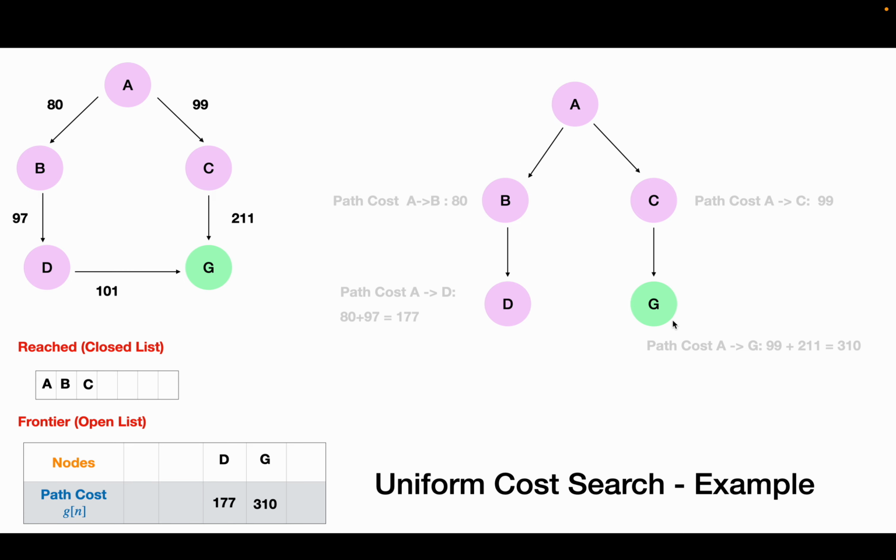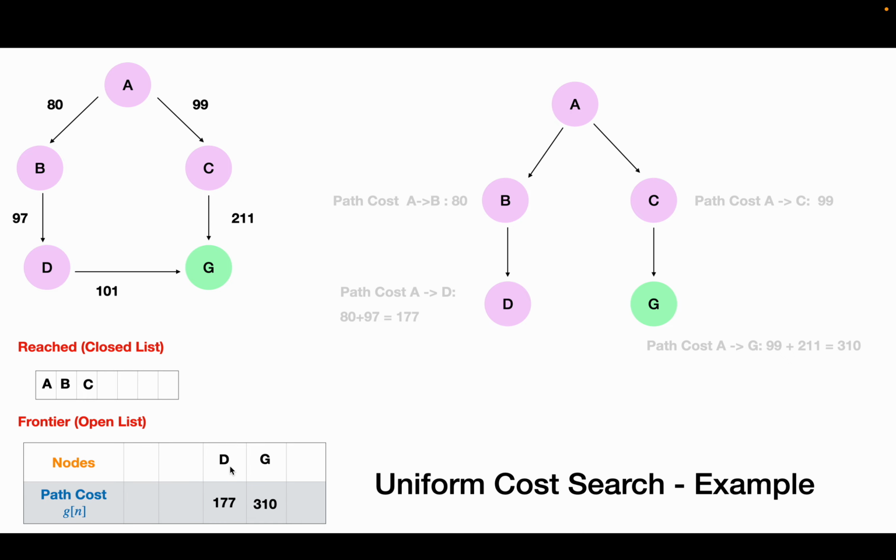But we don't stop when we reach the goal node. In uniform cost search, we search all the other paths to see if there is any better path which can incur a lower cost than the current path to the goal node. So we don't stop here. We only place this node in the open list, G with 310 as the cost, and later we pursue the next node, which is D with 177.